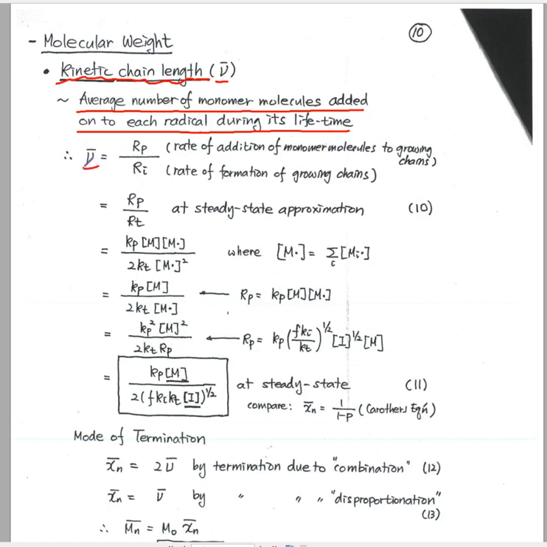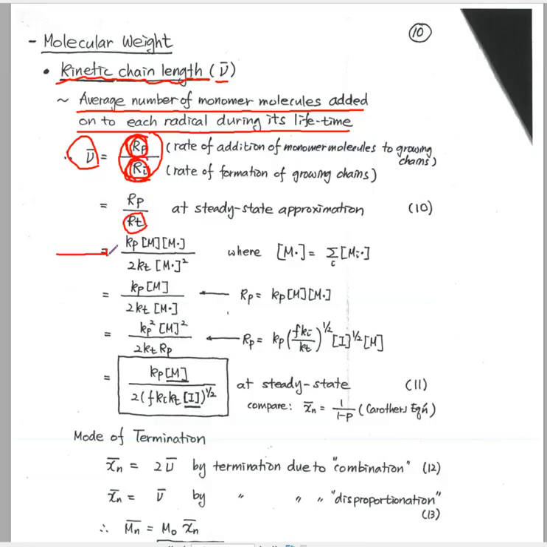So this kinetic chain length can easily be calculated by dividing Rp by Ri, right? Because Rp is the propagation rate and Ri is the initiation rate. How many monomers are attached per radical generation? And from the steady state approximation, this Ri is equal to Rt, right?